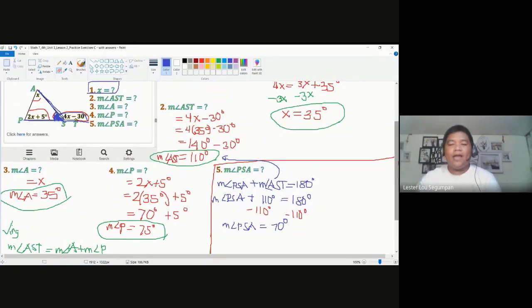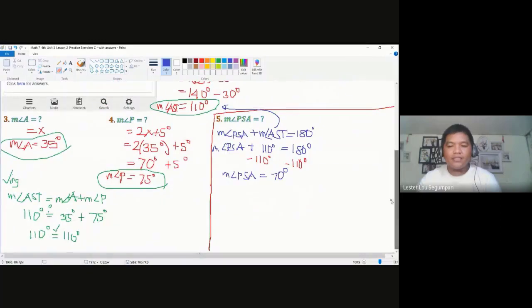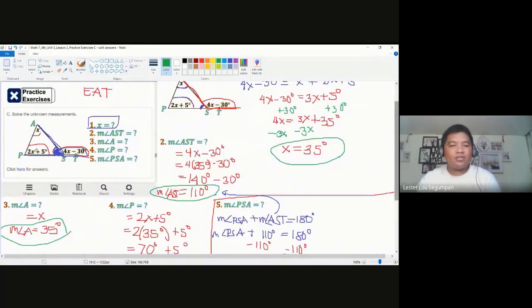The other way of answering it could also be a form of checking for number 5. And that is looking at the relationship that the measurement of angle PSA, the measurement of angle A, and the measurement of angle P must sum up to 180 degrees because they are all interior angles of a triangle.